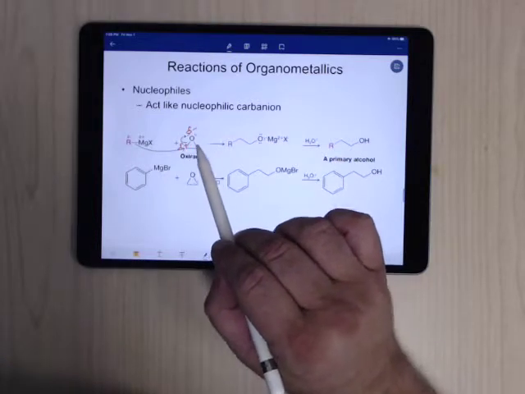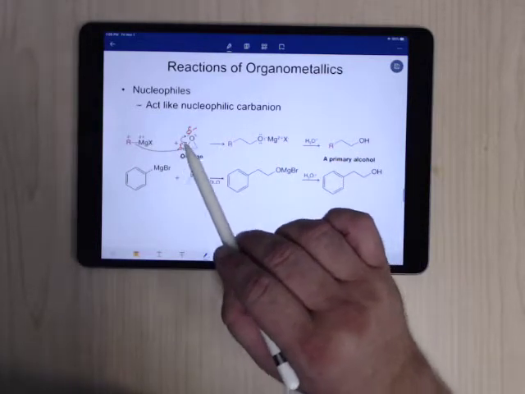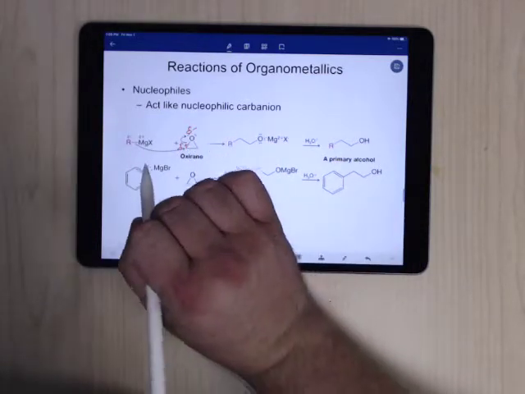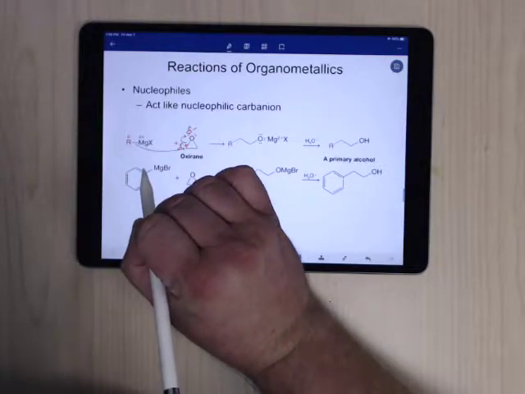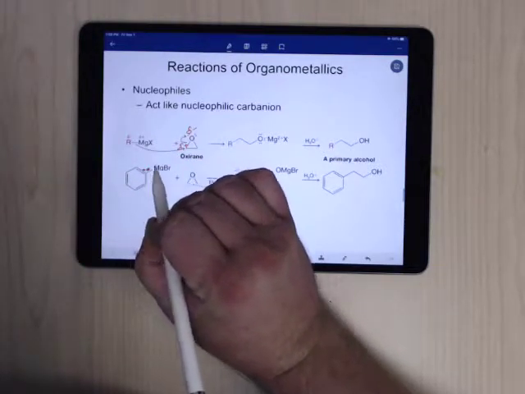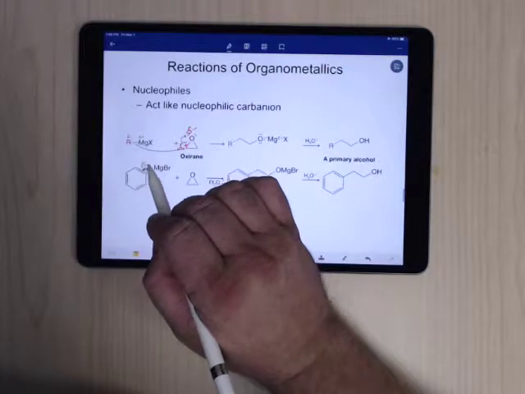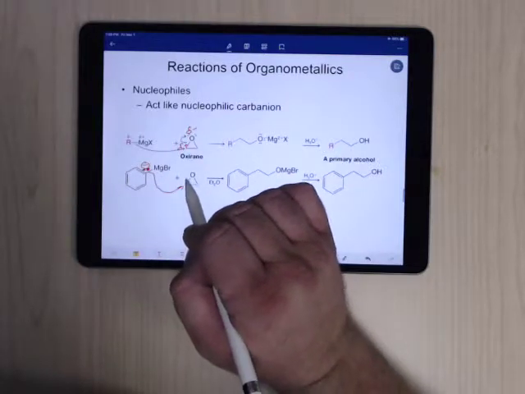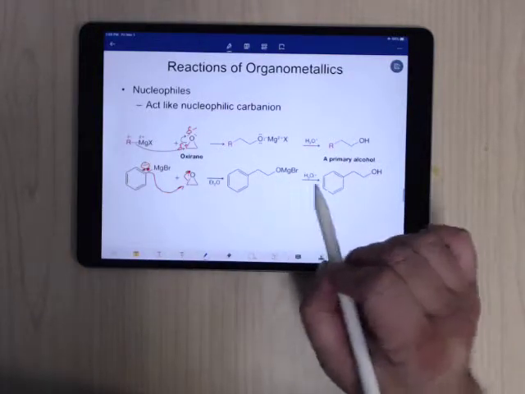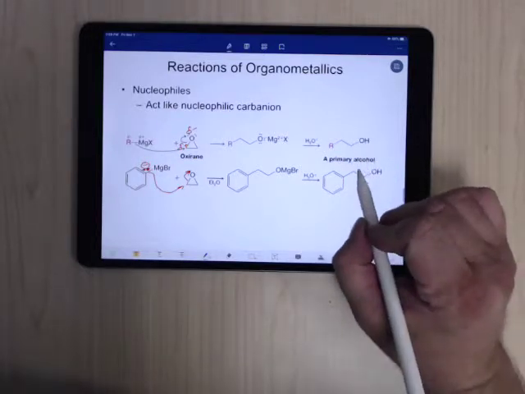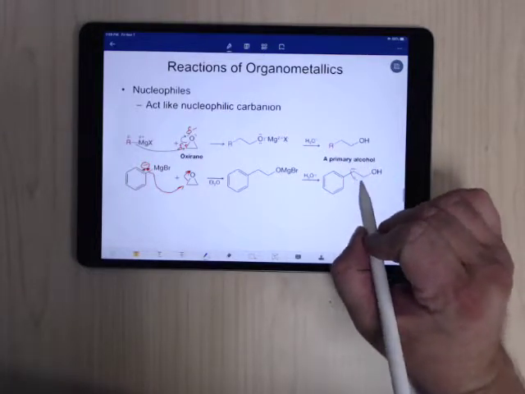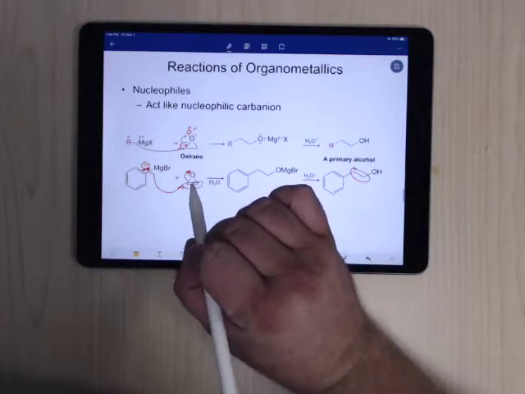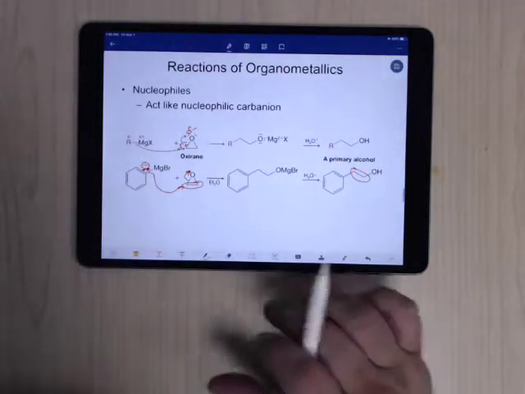You relieve the ring strain here. So these oxiranes are very, very powerful. It's going to attack there, kick up, and then after the workup, these 2 carbons here are these 2 carbons there. Okay.